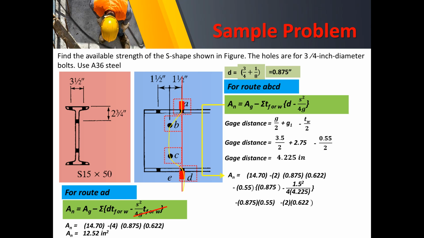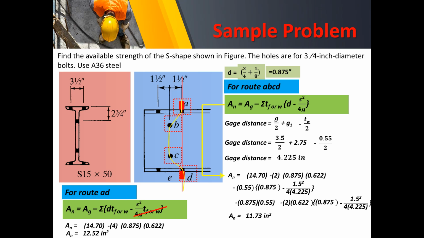And this expression, because connecting C to D, there will be a pitch of 1.5. So you just have to expand that equation. 1.5 squared all over 4 times your gauge distance, 4.225. So we calculate the net area to be equal to 11.73 inches.